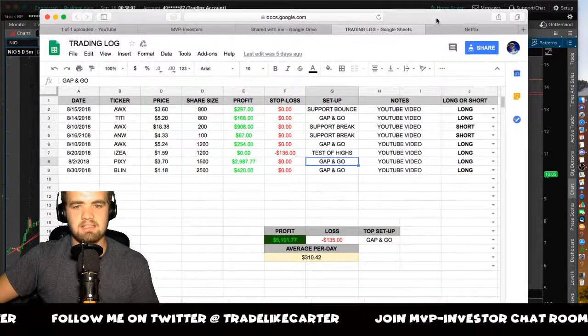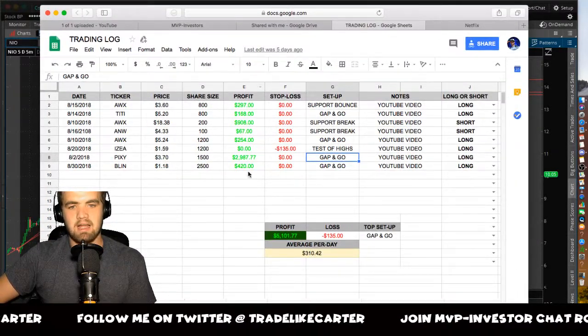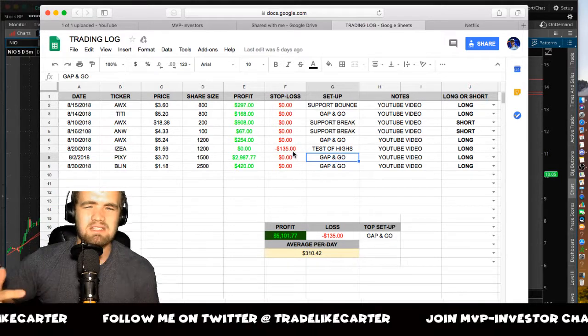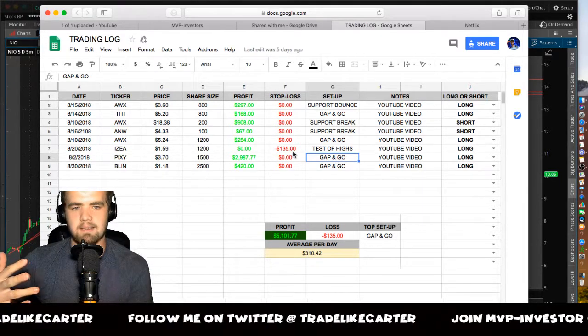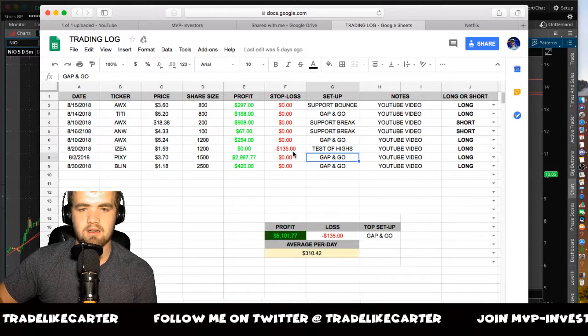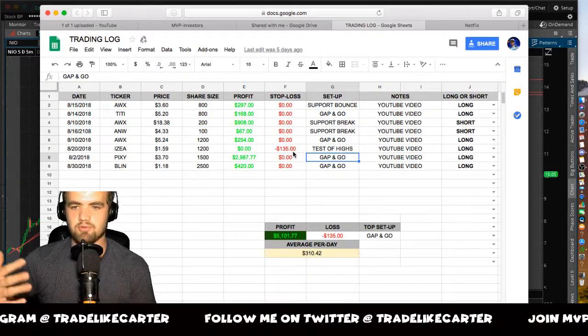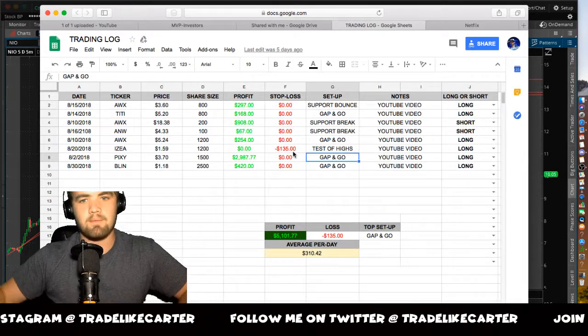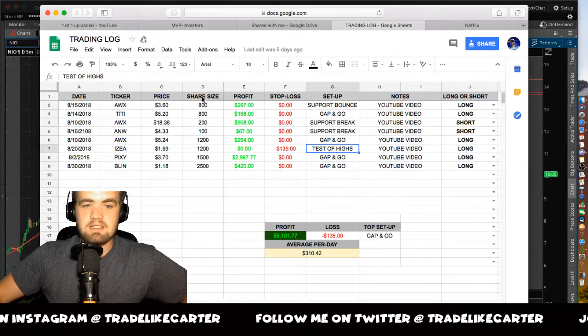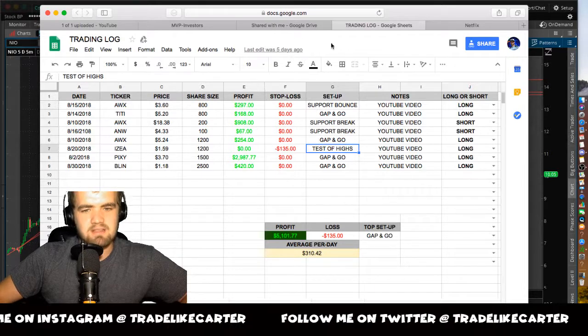So this is my Excel spreadsheet that I always keep track of, and this is another way to really keep track of your trades and to manage your risk. So let's say this was last month's trades.